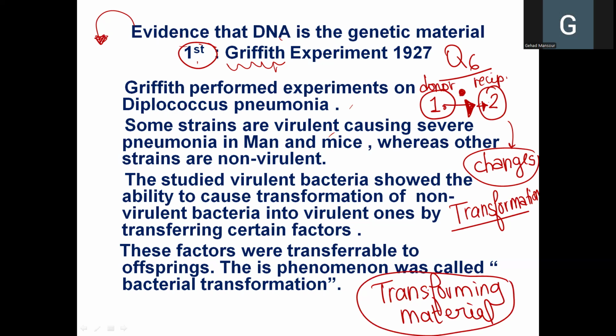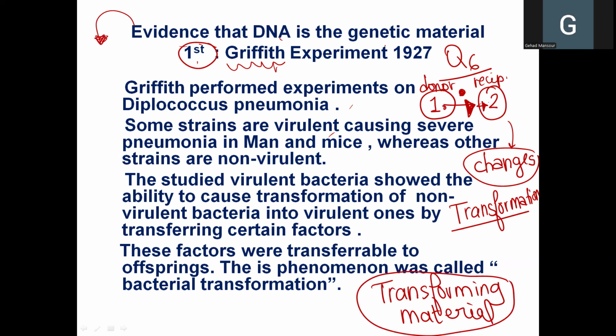Because accidentally, one strain of bacteria, the recipient strain, absorbed a certain material from the donor strain and underwent transformation, or changes in property. So scientists started to study this transforming material to know what it was. But what was the Griffith experiment?